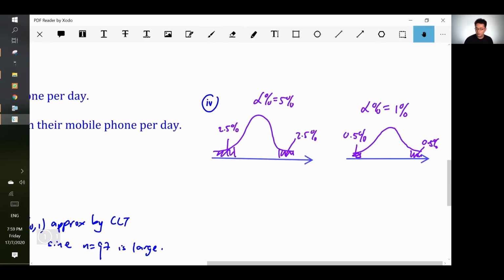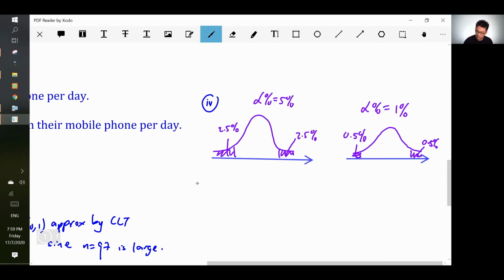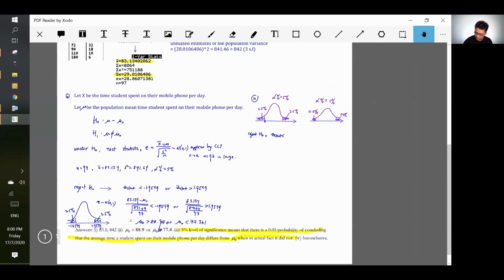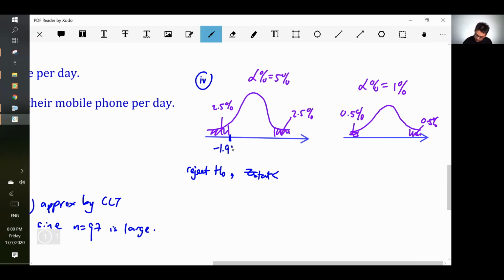Now if you reject H naught, one thing for sure is your Z stat will be where? If you already reject H naught, your z-stat is either lesser than this boundary here, which we just found, negative 1.95, or more than 1.95.